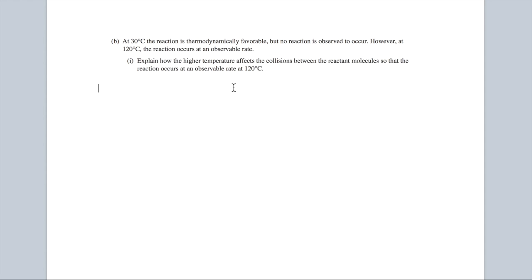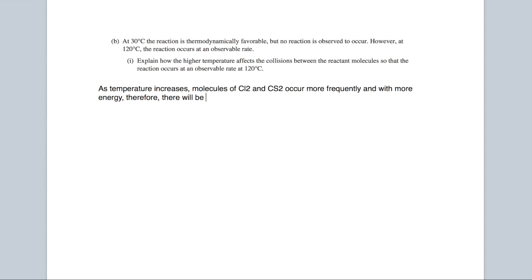So writing this out, we can write something like: In our explanation, we basically just want to make sure that we mention that the temperature makes the collisions occur more frequently and with more energy, and therefore the reaction rate increases.